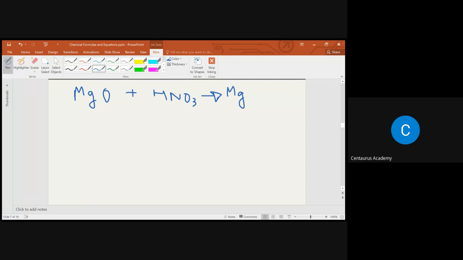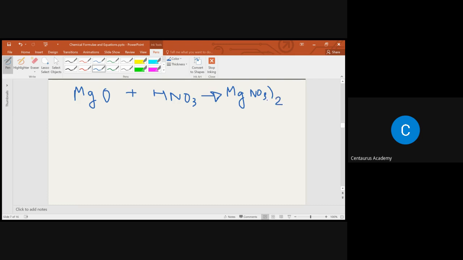What is the formula for magnesium nitrate? Mg(NO3), NO3 and nothing else. Twice. Yes, so within brackets, it is going to be 2.